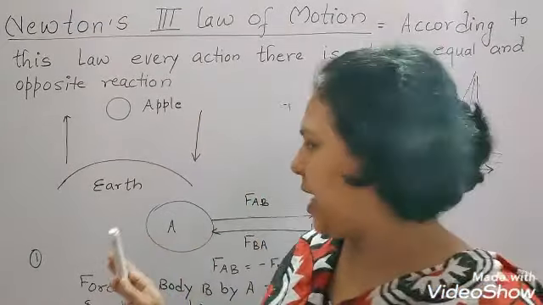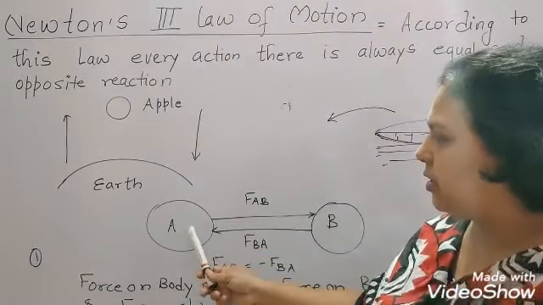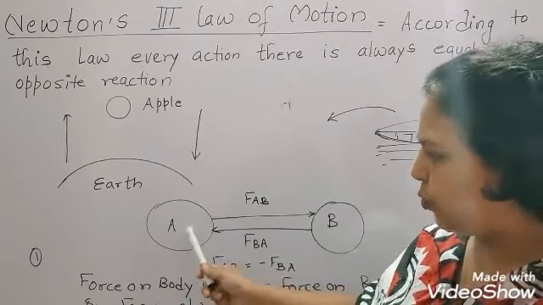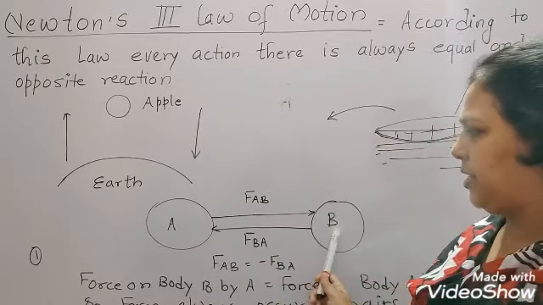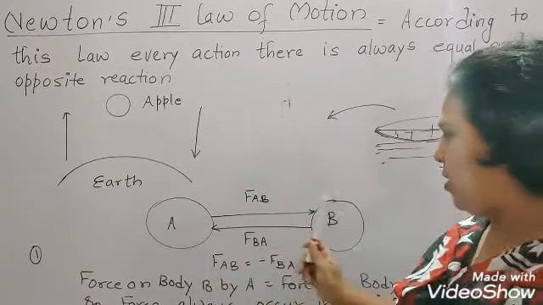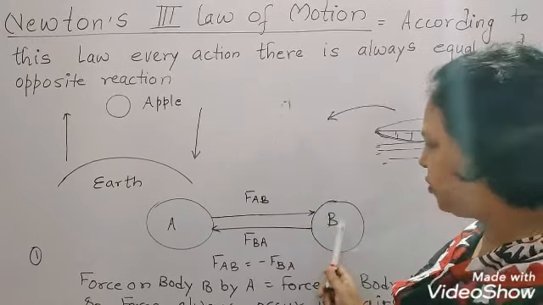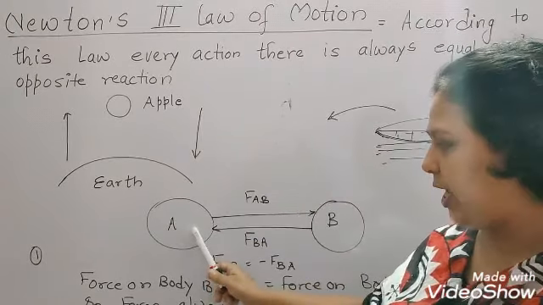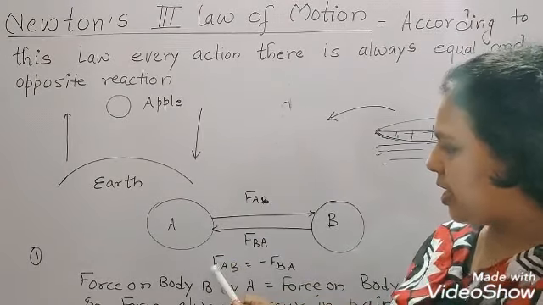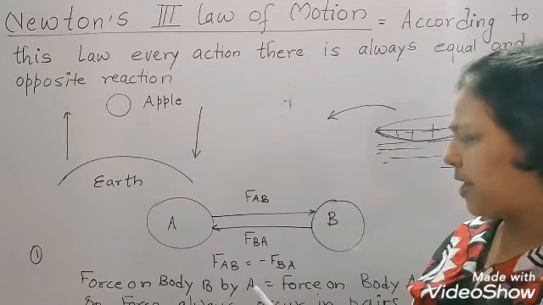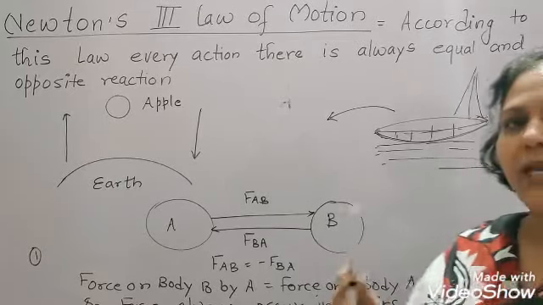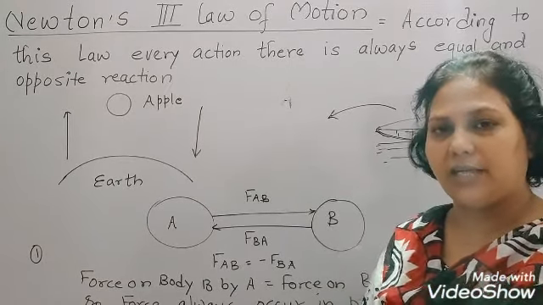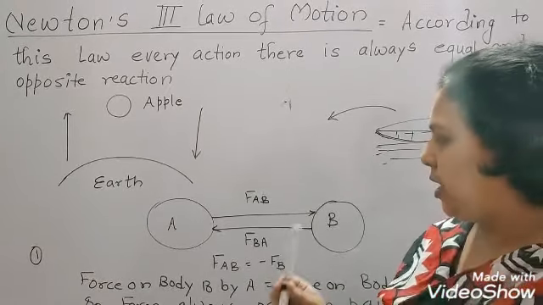For example, as we can see here, there are two objects or two bodies, A and B. If A is applying a force on B and B is also applying a force on A, then the force on body B by A must be equal to the force on body A by B in magnitude, but in direction they should be opposite.